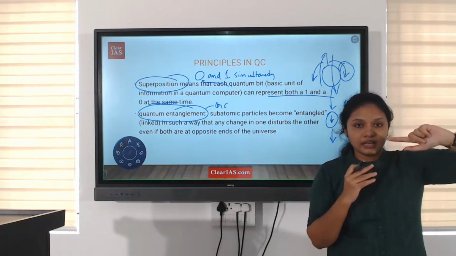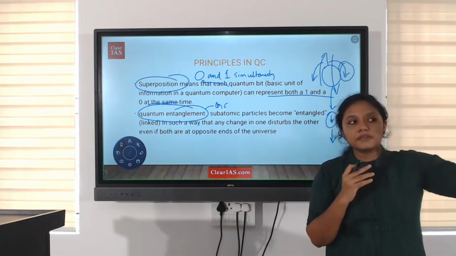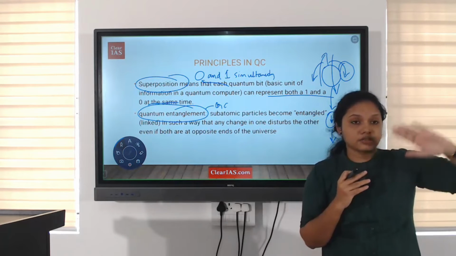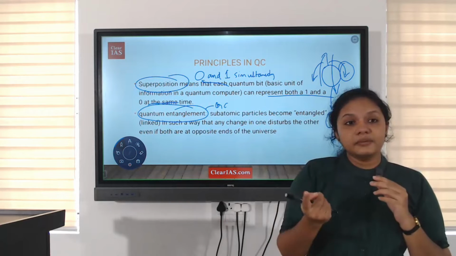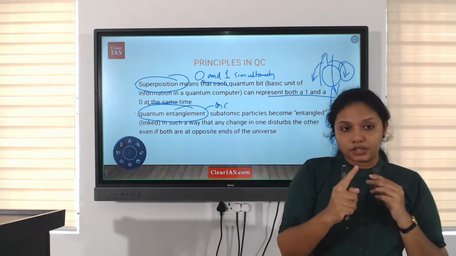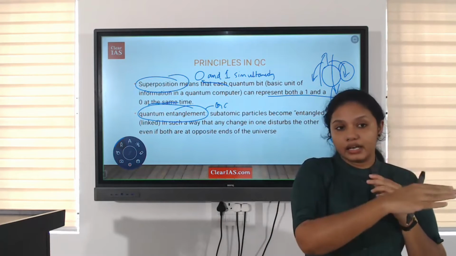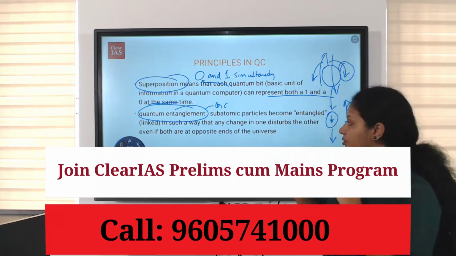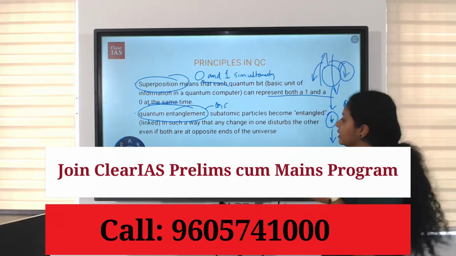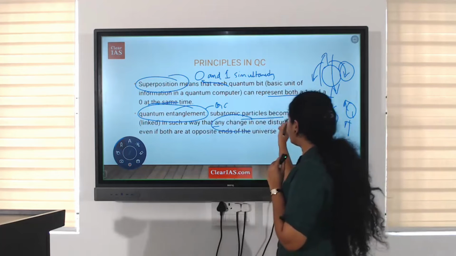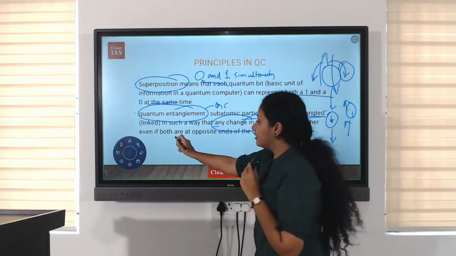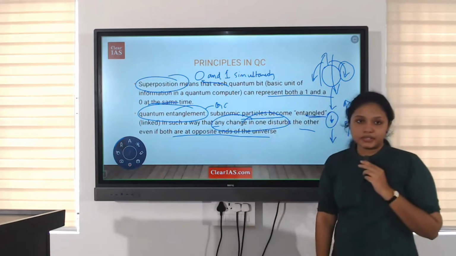So even if they are separated by large distances, one electron's spin depends on the other. This is entanglement. Subatomic particles become entangled in such a way that any change in one disturbs the other, even if they are at opposite ends of the universe.